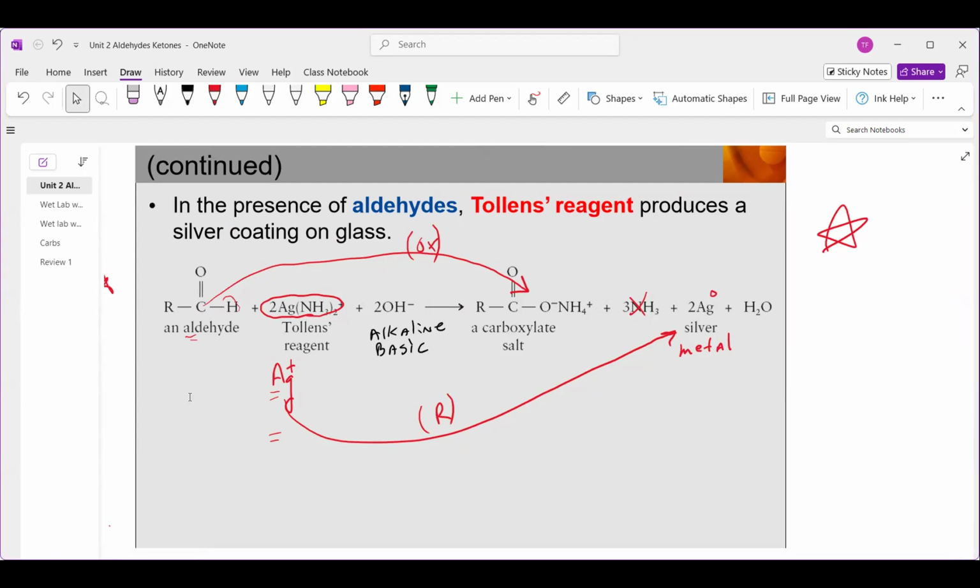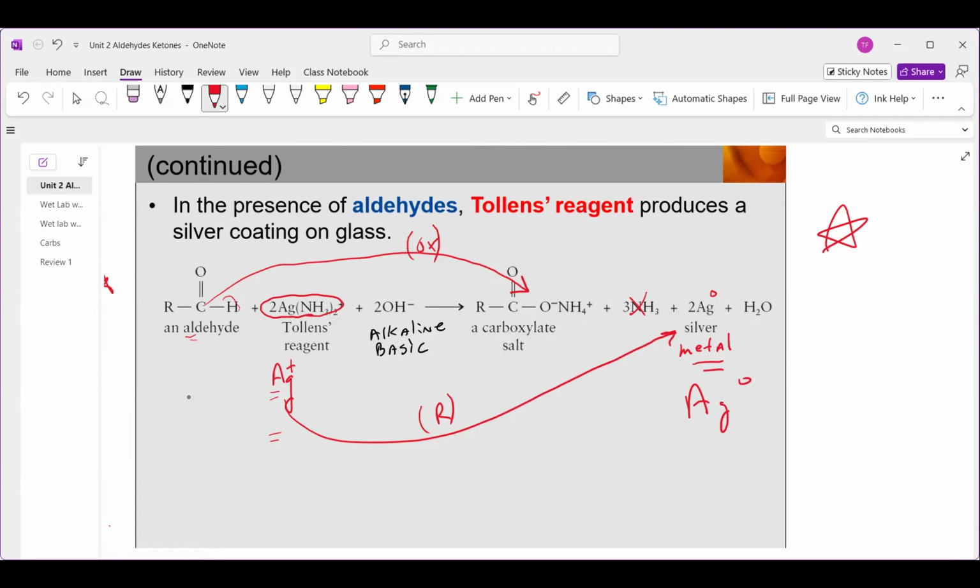The Tollens reagent is going to be the oxidizer. Oxidizers have to be reduced if they're going to oxidize. So when Ag plus is reduced, it gains electrons to go to 0, meaning we have silver metal. And then the aldehyde gets oxidized to this.